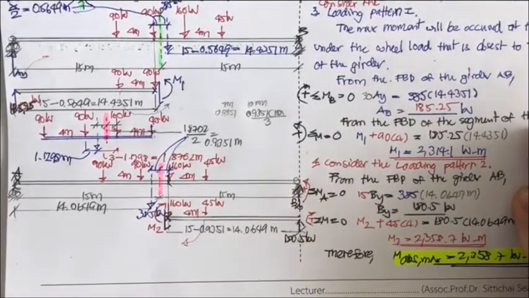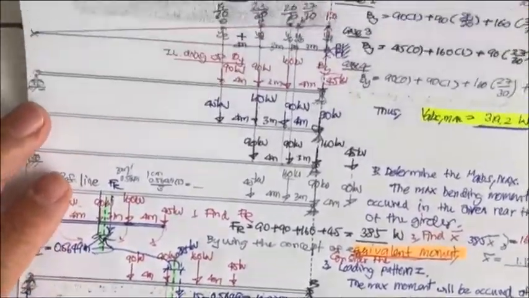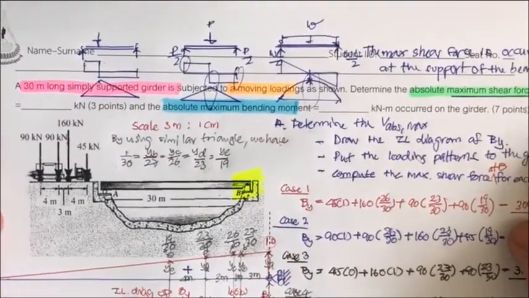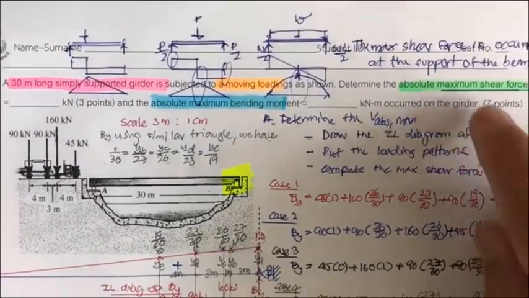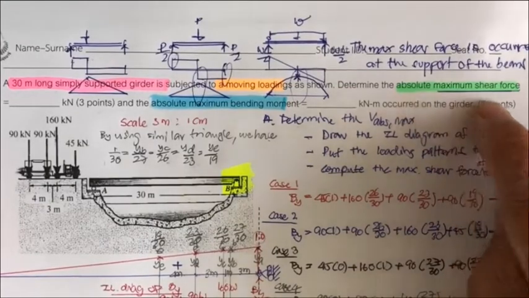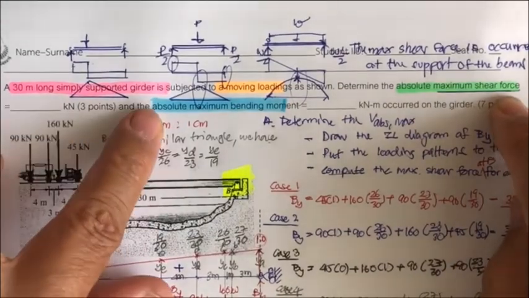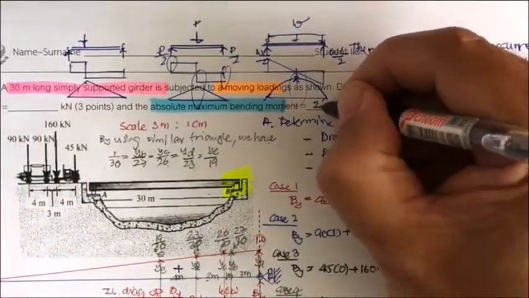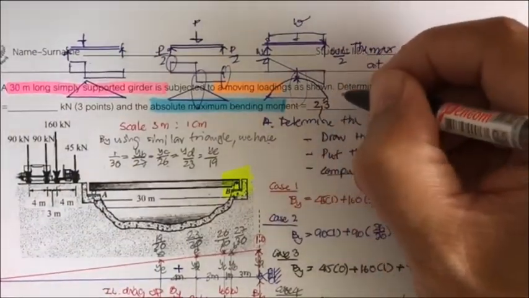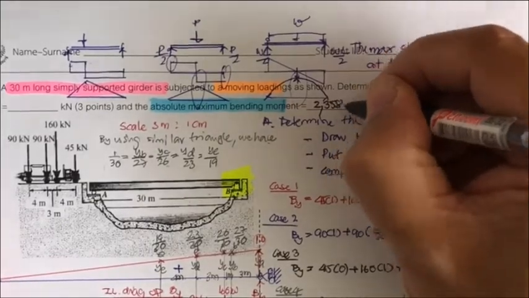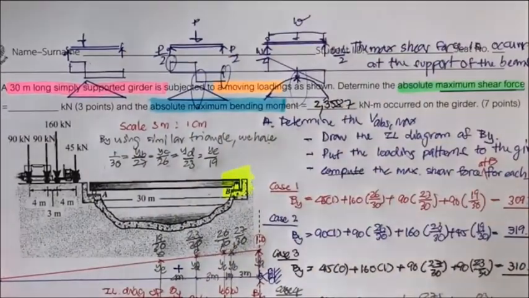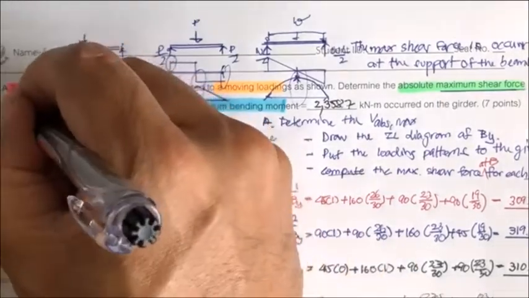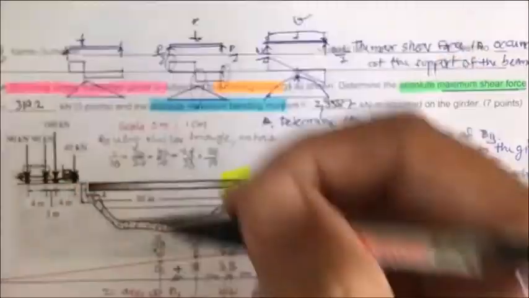This is the end of the demonstration of the problem of determining the absolute maximum shear force and the absolute maximum moment. Now you get 2,358.7 for the absolute maximum moment, and 319.2 kilonewton for the shear.